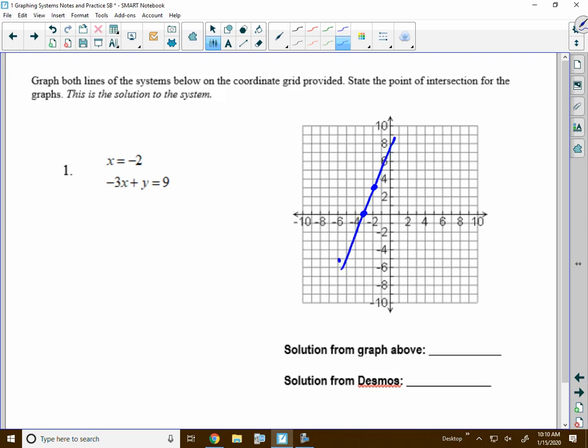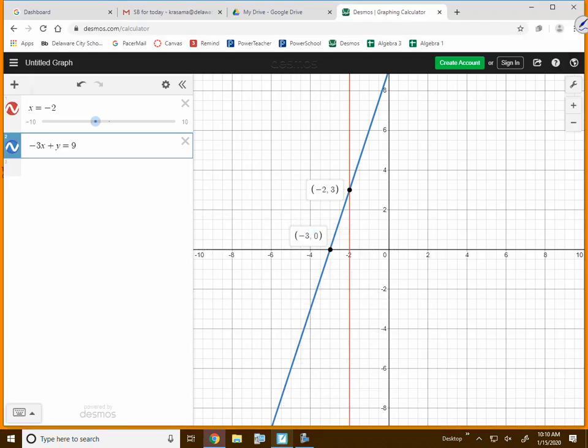You can draw a line through that. Again, those points were -2, 3 and -3, 0. So we're drawing that blue line that's up there.